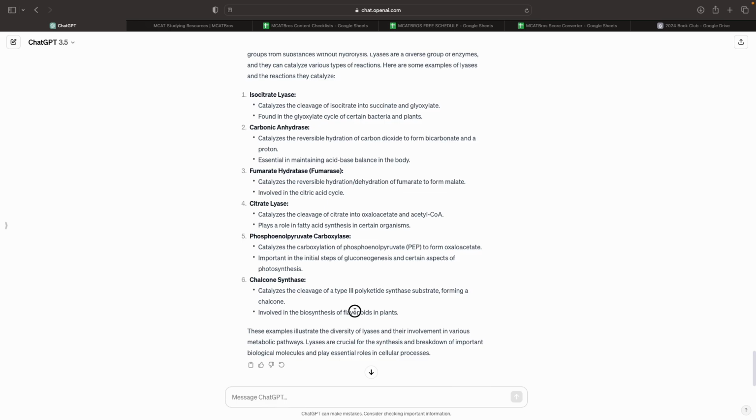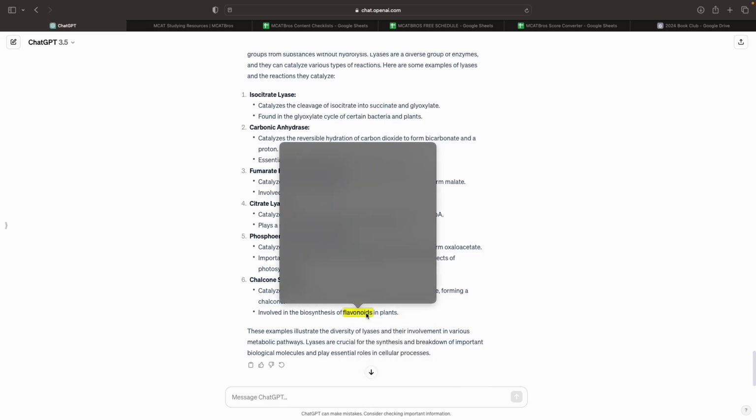What are flavonoids? Is this what's in rice? Any of a large class of plant pigments having a structure based on or similar to that of flavone.